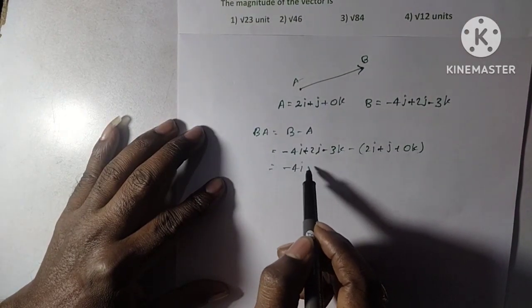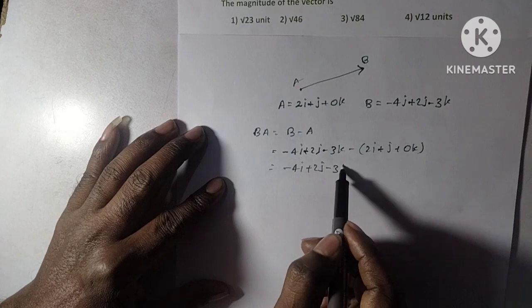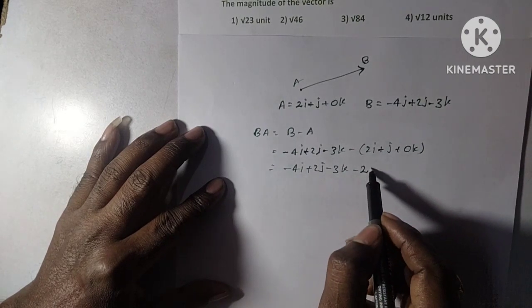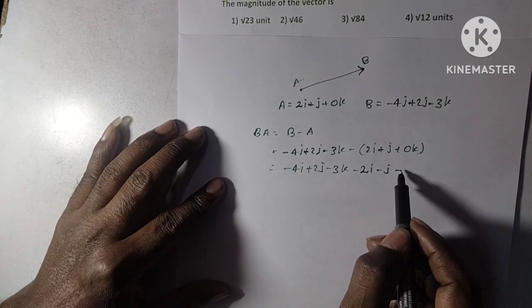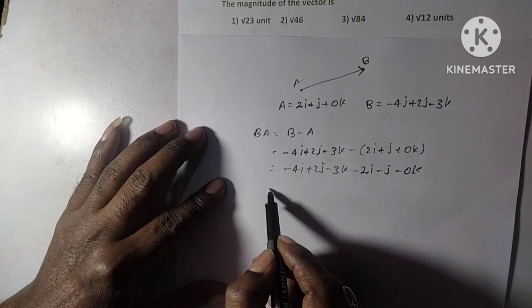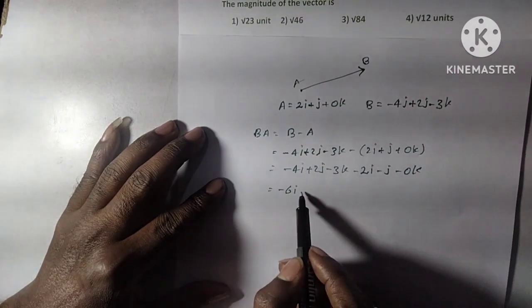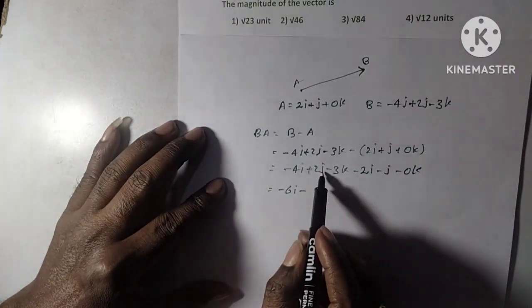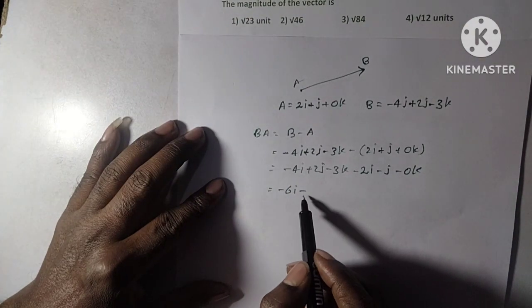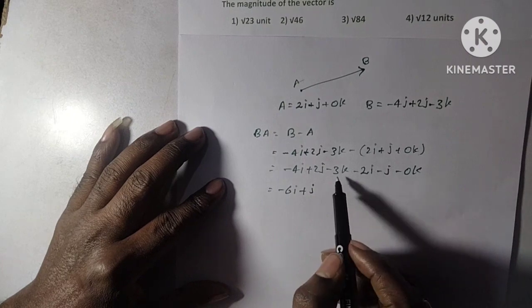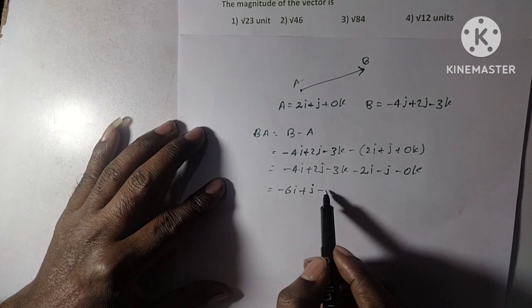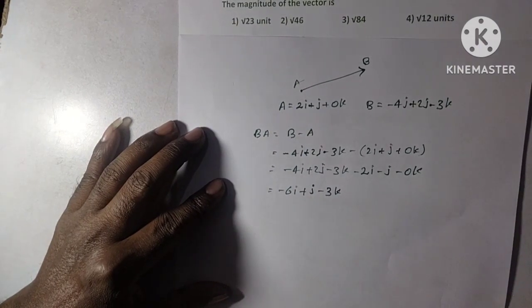So -4i plus 2j minus 3k minus 2i minus j minus 0k. So -4i minus 2i gives -6i, 2j minus j gives plus j, and -3k minus 0k gives -3k.